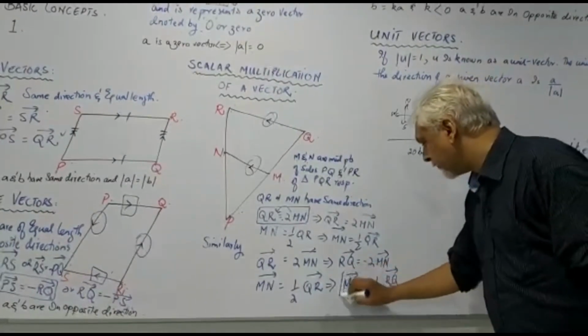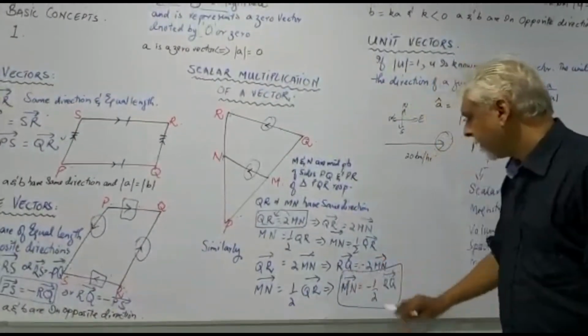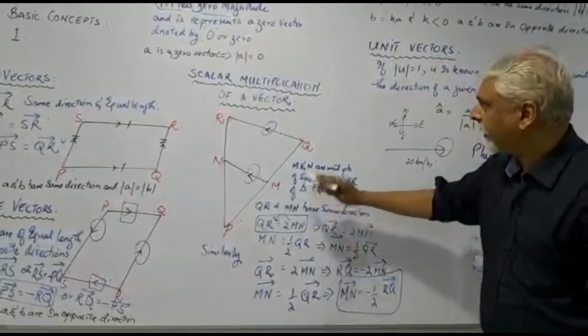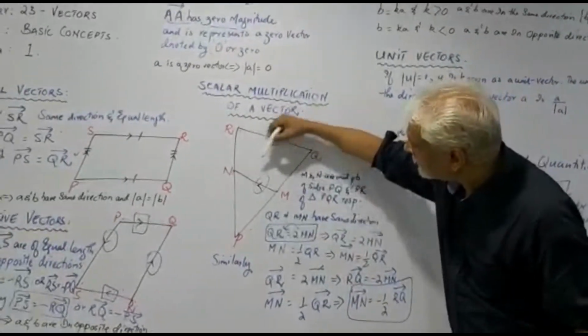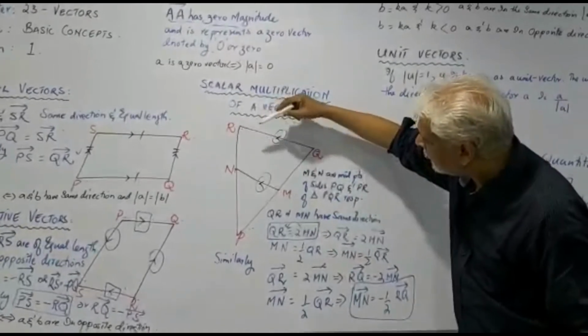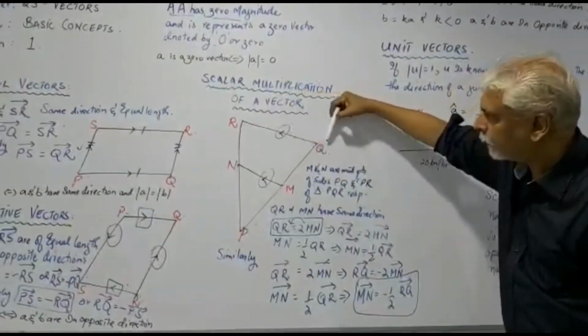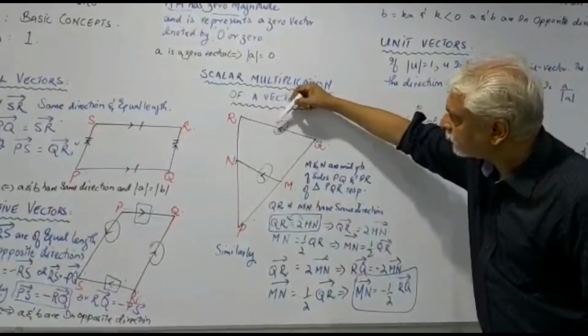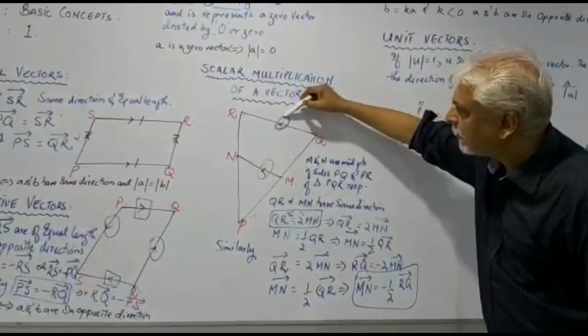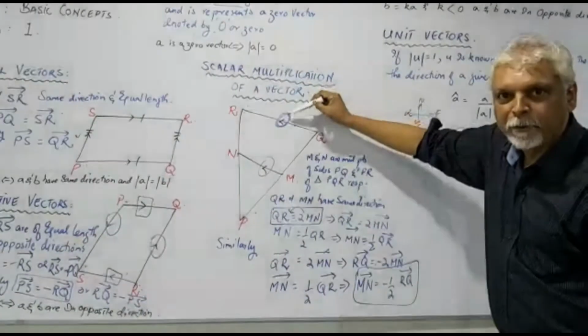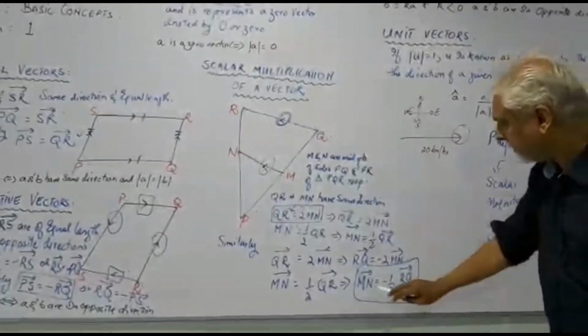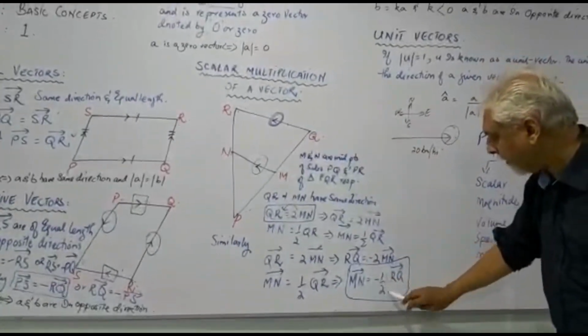Now, this is very, very important to understand. We are talking about QR and MN, they're moving in the same direction. But instead of writing QR, I write RQ. Since I'm writing RQ, this will be minus, because the direction changes. So here, MN is equal to minus half RQ.